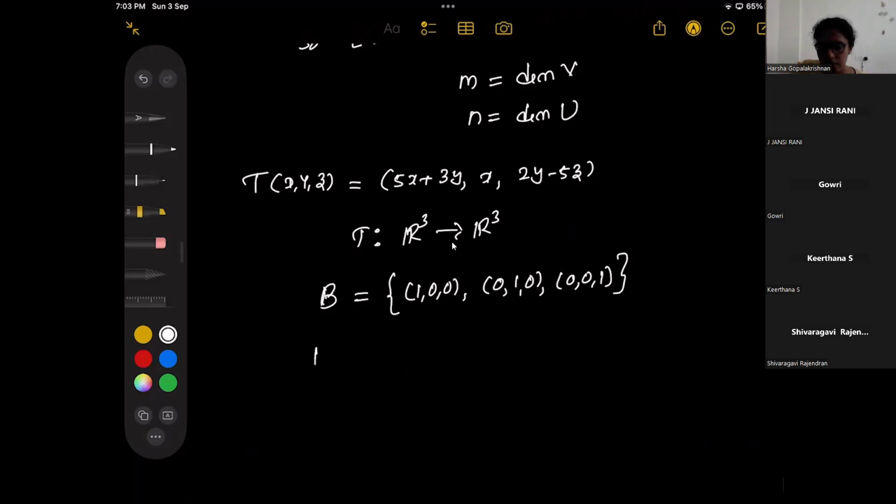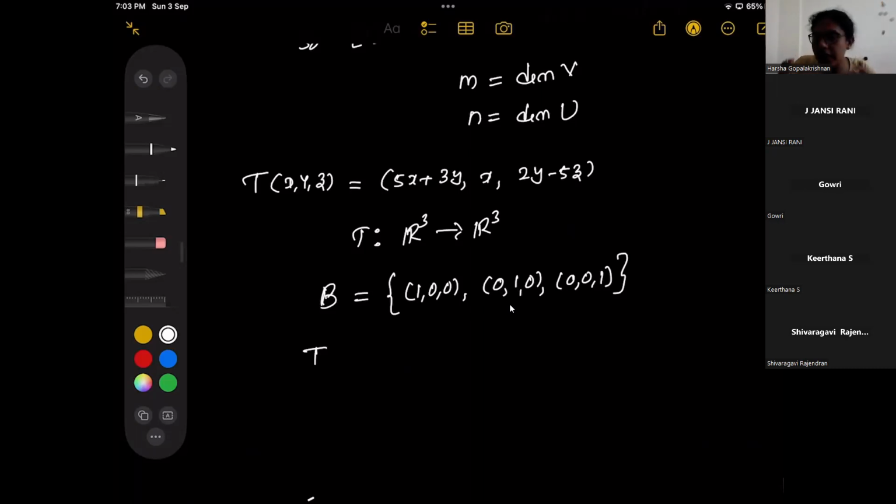Ma'am, we should take an element from R3 and try to write it as a linear combination of the elements in the basis. It is not just some random elements. We should take elements from the basis and write the image of that element as a linear combination of the basis.